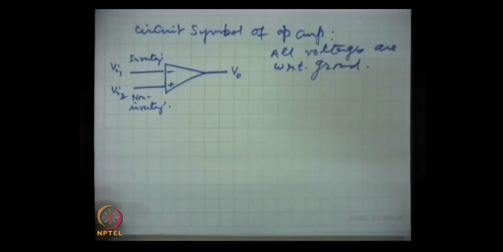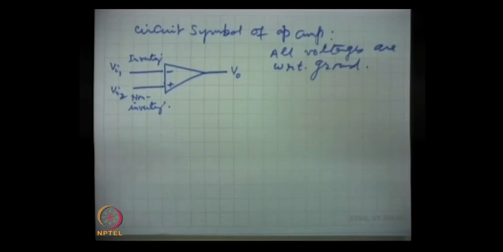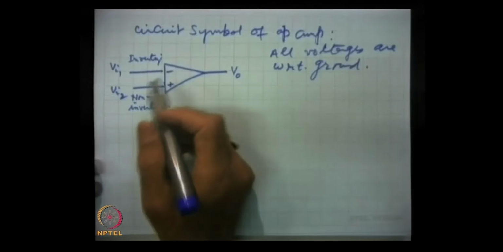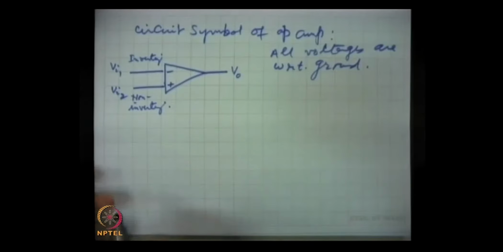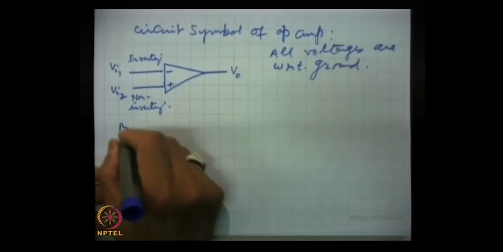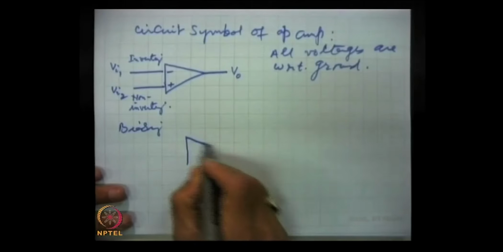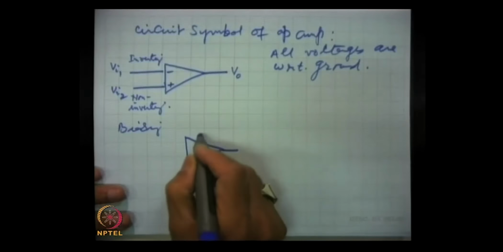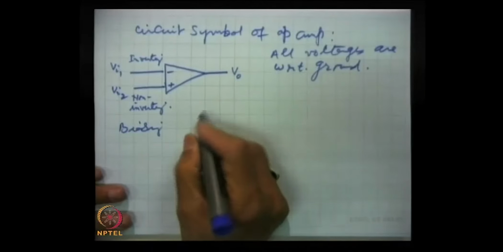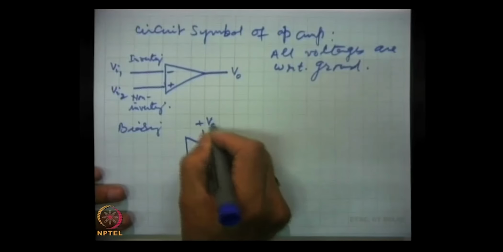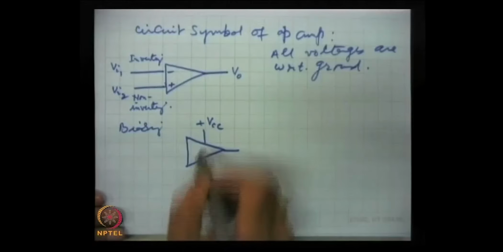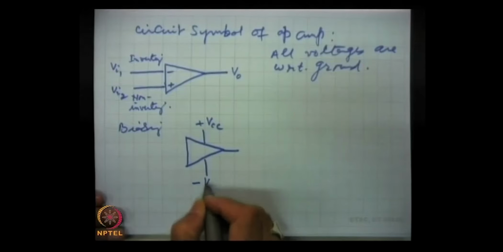And for biasing, it is assumed that it has been connected, but to simplify the circuit, it is not shown. Sometimes some people prefer to show the circuit like this as well, but this is the generally accepted circuit where it is implied that these biasings have been provided.